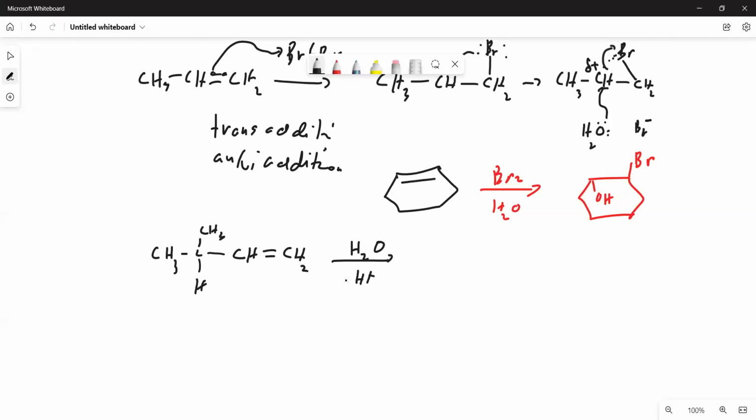Following Markovnikov's rule, okay, the addition of H plus to the carbon containing the greater number of hydrogen, we expect this product if we follow Markovnikov's rule.